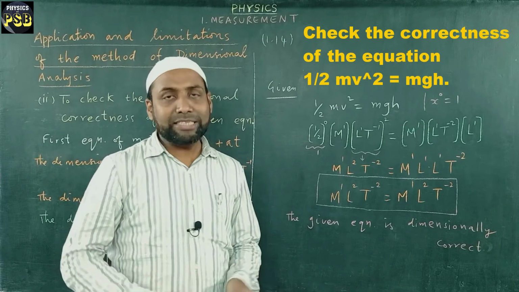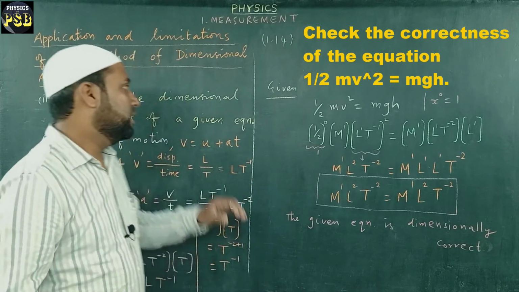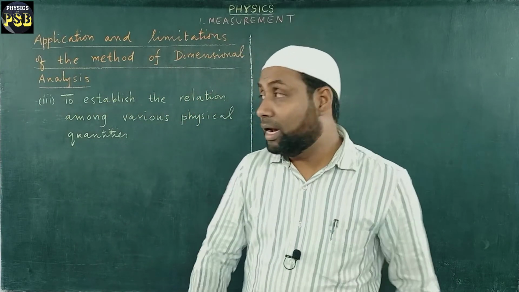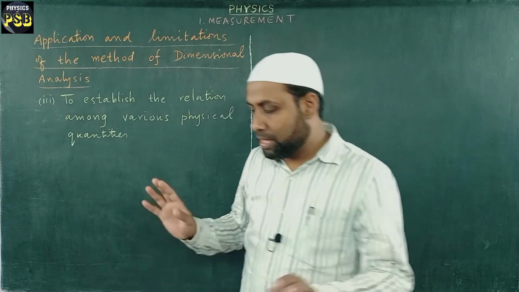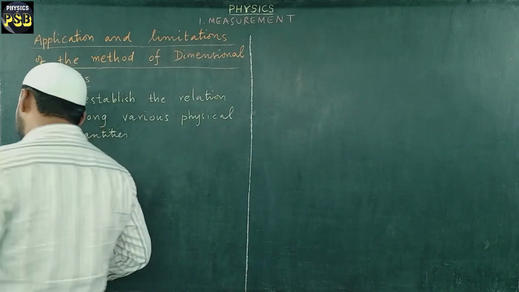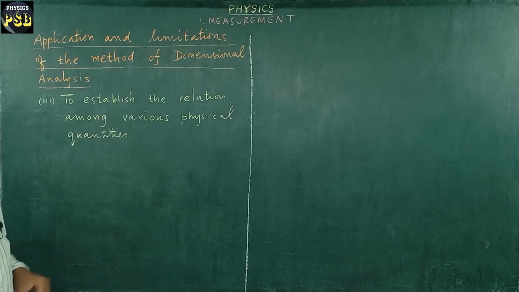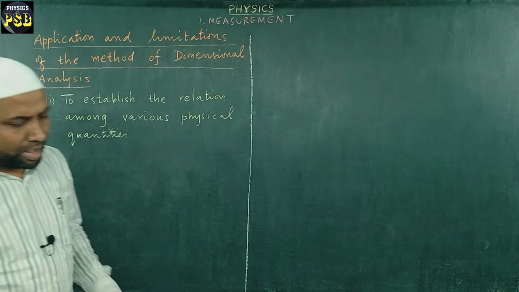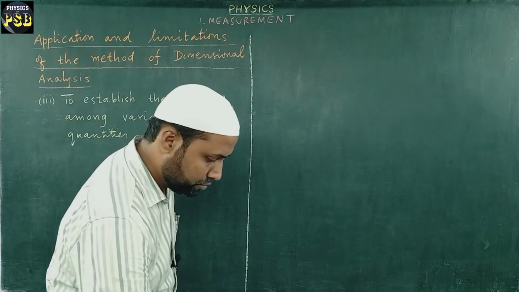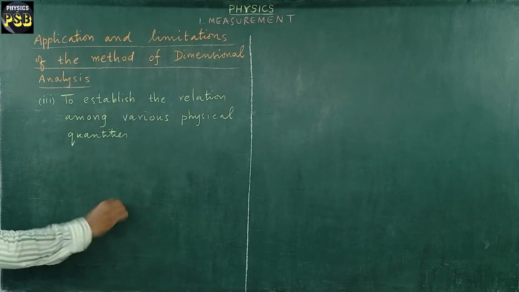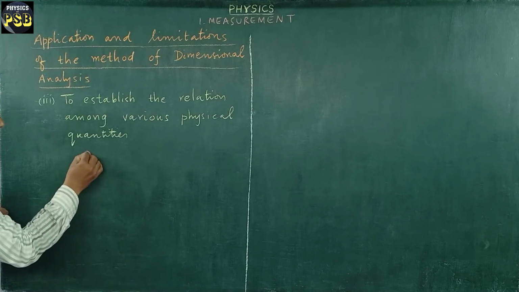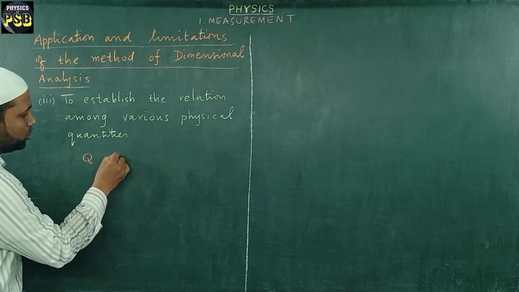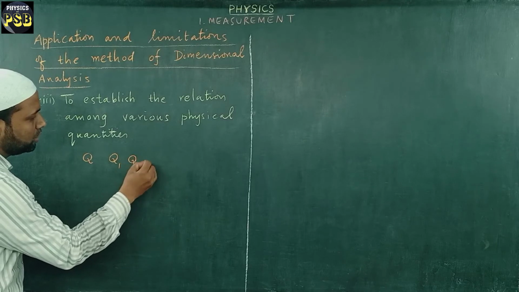Now we'll go to the next application of dimensional analysis. Now we will discuss the third application of dimensional analysis. It says that dimensional analysis can establish the relation among various physical quantities, as I told you earlier. Now, suppose you have a physical quantity Q, which depends on Q1, Q2 and Q3.